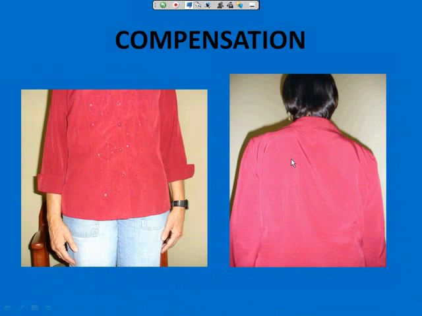You can see here on the left, that left shoulder is posteriorly rotated or externally rotated. You can see how the right shoulder is more forward and the left shoulder is higher. And there's a lot more tension and tightness around the scapula, and this is the trapezius and the rhomboid area.